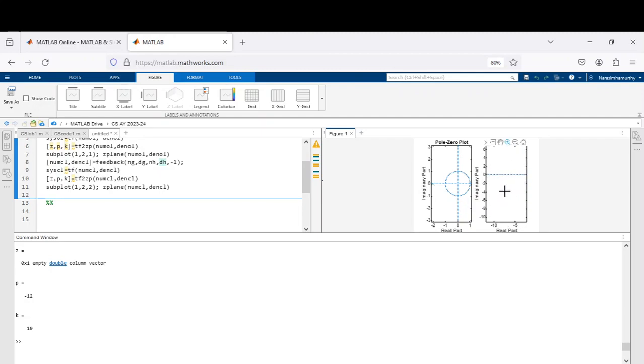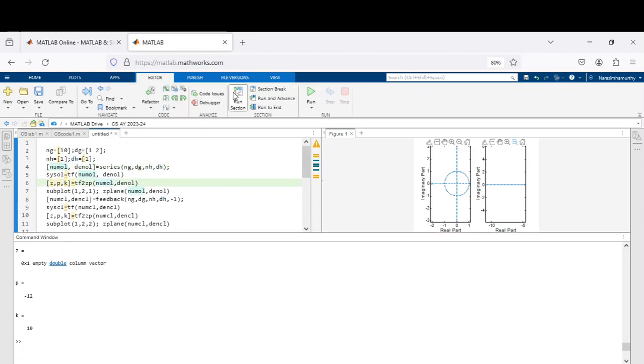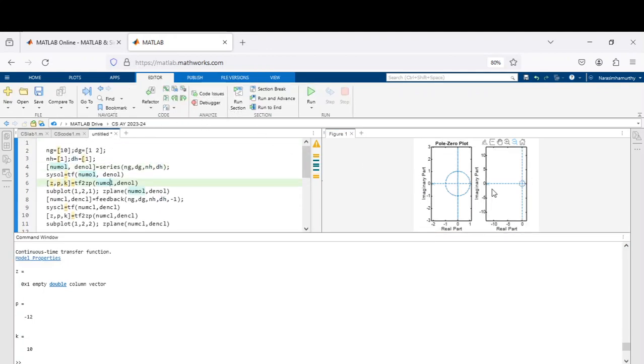I can just zoom it out. Let me run it again. You can see the pole is at minus 12. See here, this is the pole position which is at minus 12.